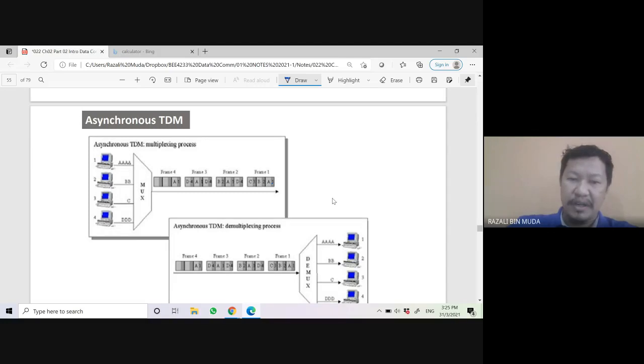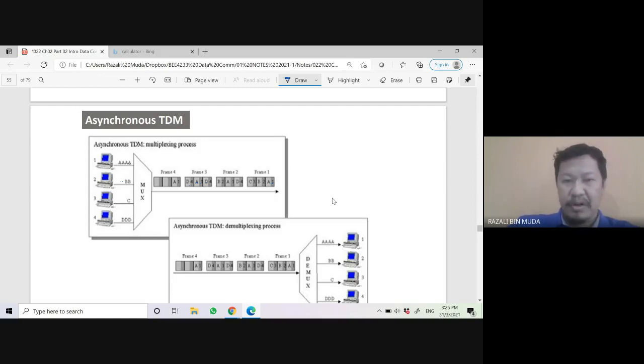Okay, D 4, and then again A, D. Okay, B here. A, D. This is frame number 3 already. Yeah? A, D. Even though there is no input here, there is no empty slot.